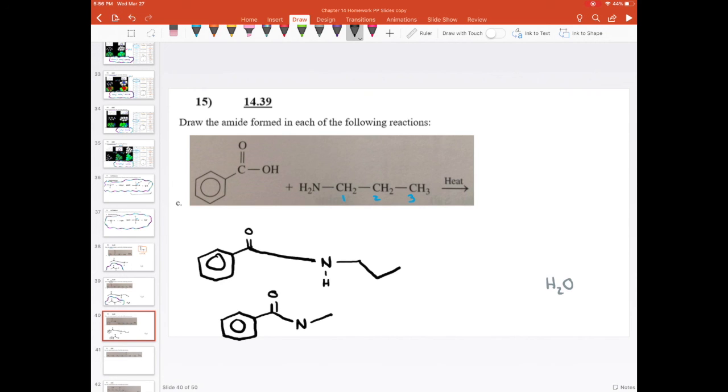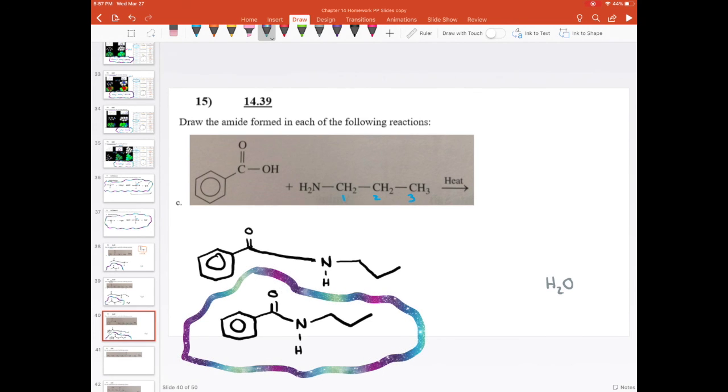And that would be the amide that you would get when you react these two compounds. If you wanted to be fancy, you could say that's the amide you get when you react benzoic acid with propylamine.